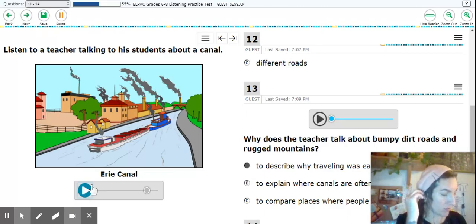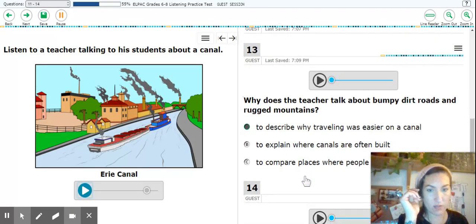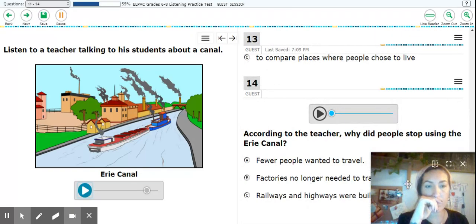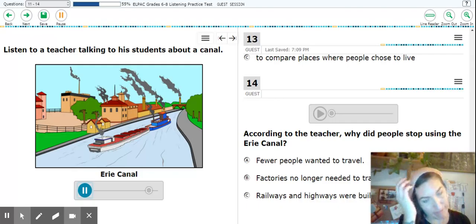Okay, less popular for transportation. Fewer people wanted to travel. Factories no longer needed it. Railways and highways were built. Let's see, I don't know yet. As railroads and highways were constructed in New York, the Erie Canal became a less efficient way to transport goods.